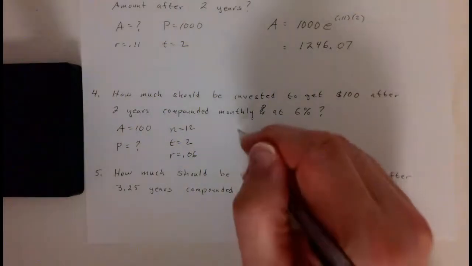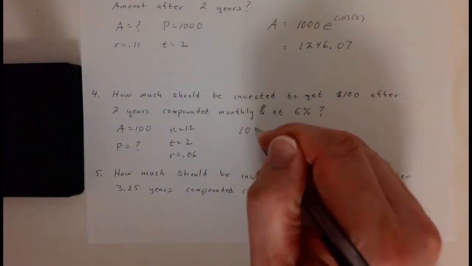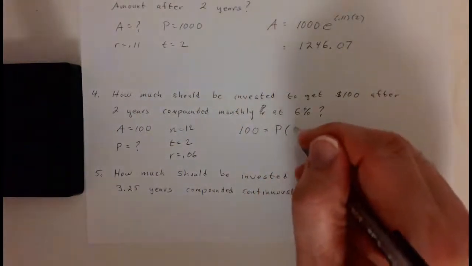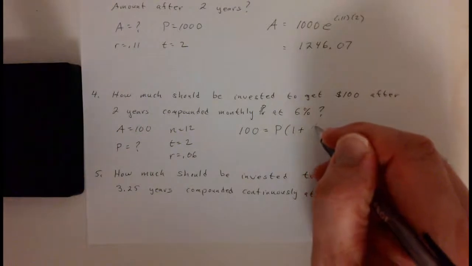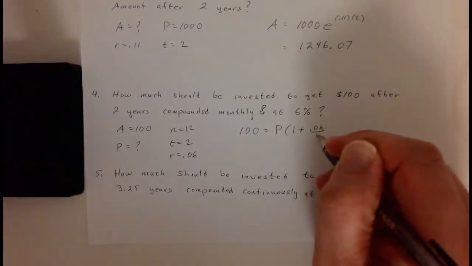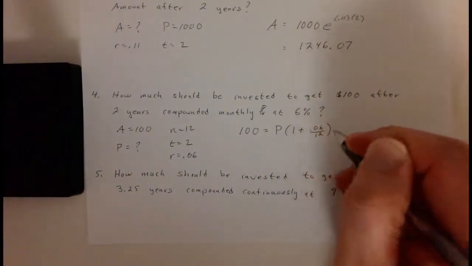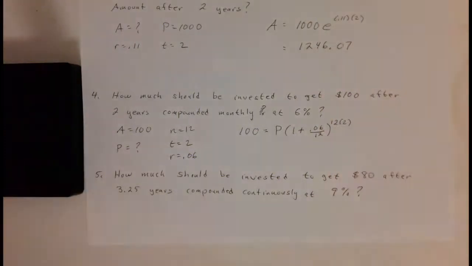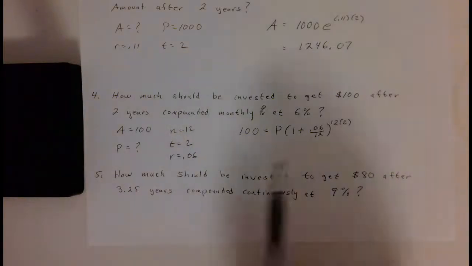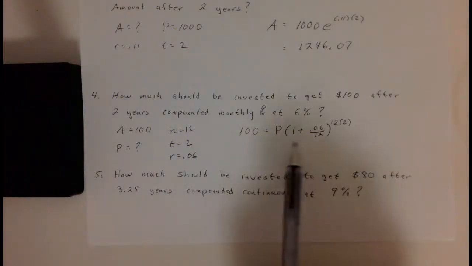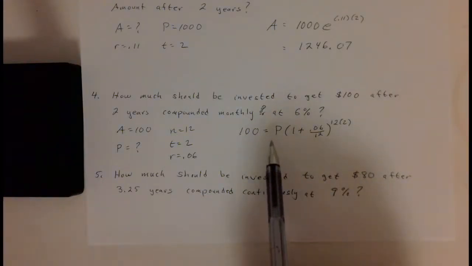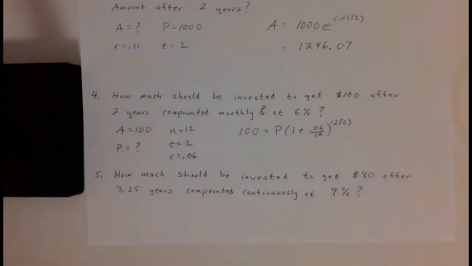So the equation would be 100 equals P times 1 plus 0.06 over 12 raised to the 12 times 2. Hopefully you can see that this is just going to be 100 equals P times some other number. We use a calculator to compute this.